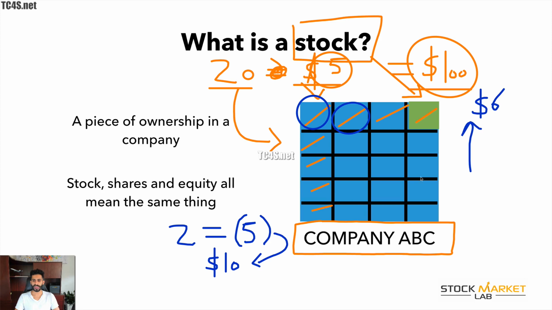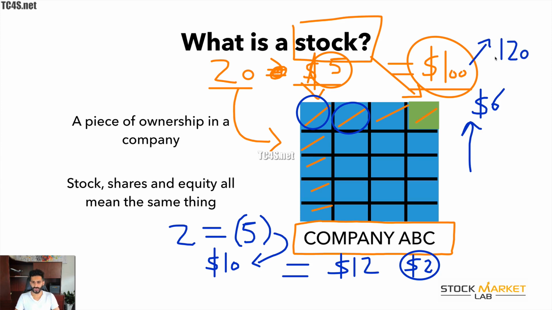Each share goes to $6. That means automatically that your total value is $12. You made a profit of $2, and since you made a profit of $2, the company's valuation, which is $100, also goes up to $120.